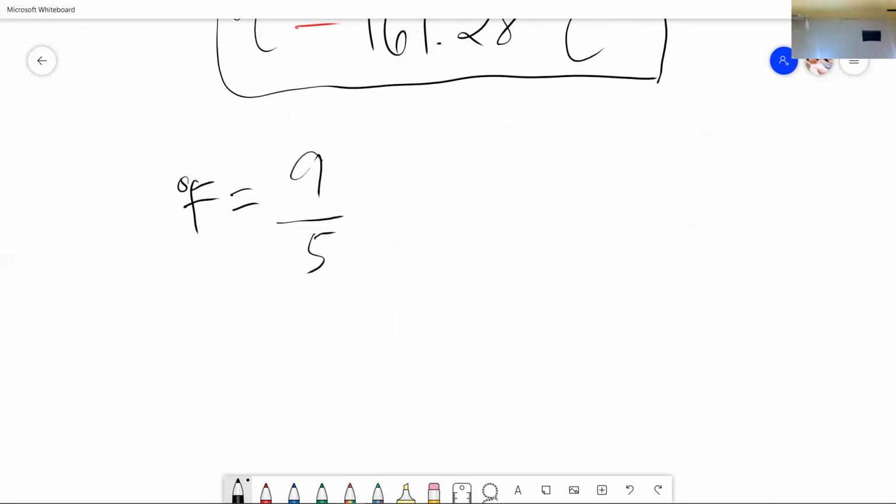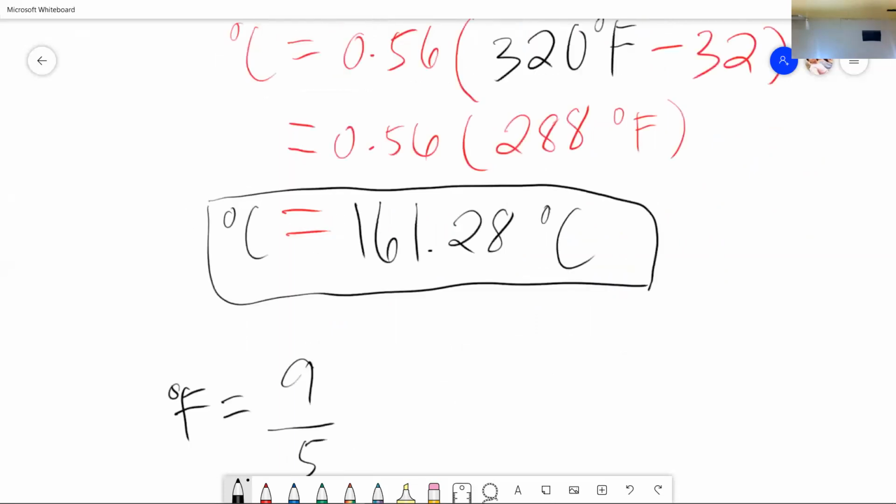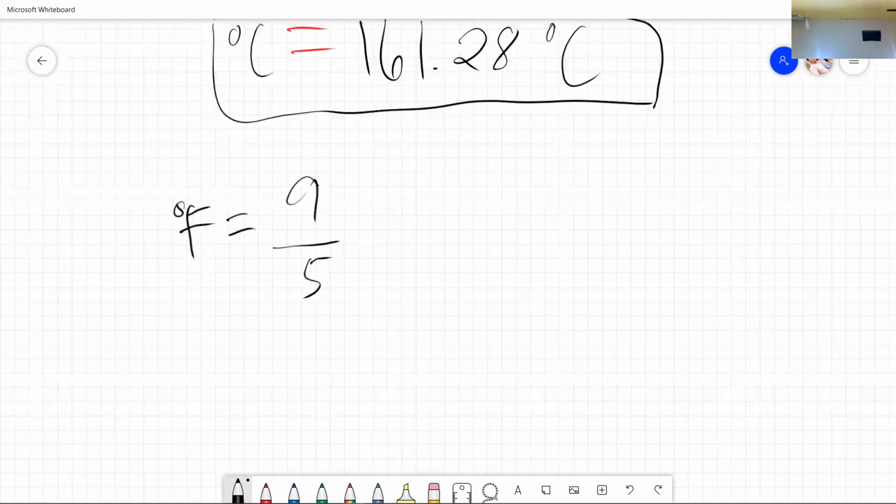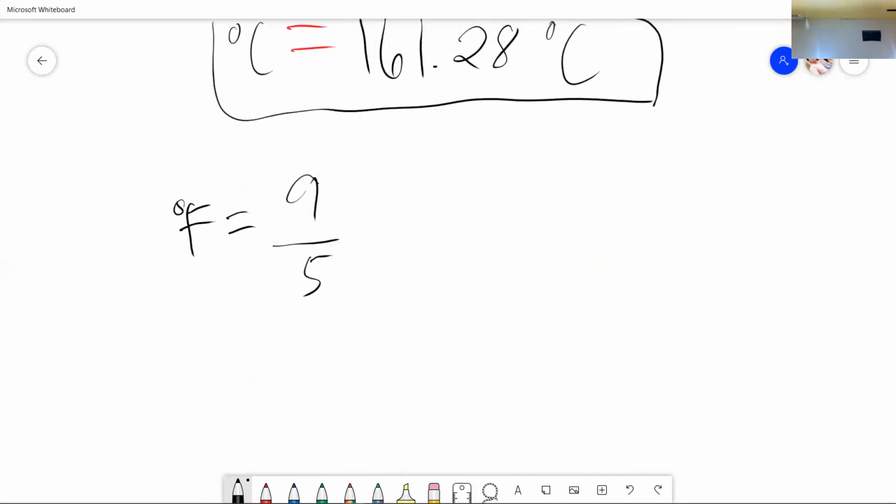Remember, this was 5 over 9, and also the symbol was negative. So all of that will be changed. So 9/5 of the degree Celsius, plus 32.